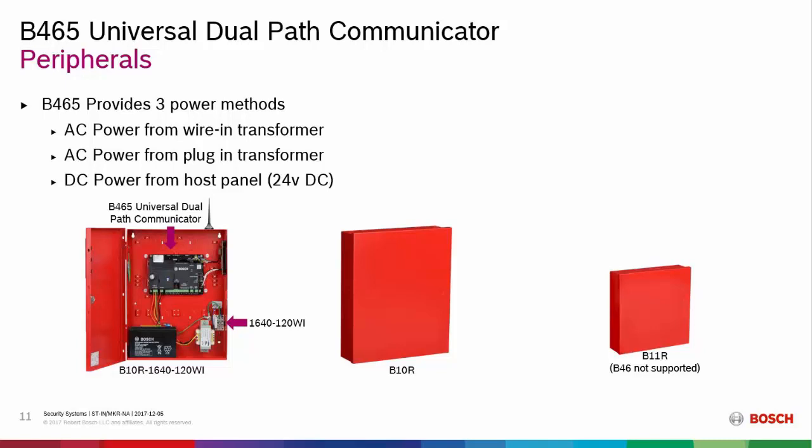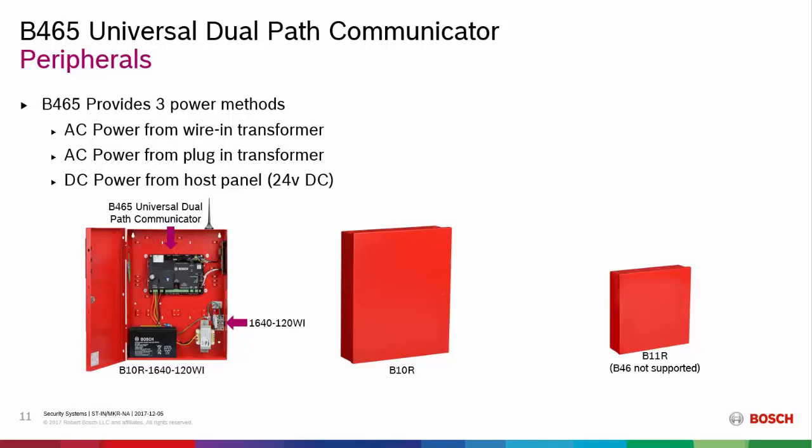So moving on to peripherals and supporting hardware, there's 3 ways to power the 465. As we state there, the first one is with a wire-in transformer, and you see that in the photo below. This is our 1640-120 wire-in. It's available integrated into the B10R medium red enclosure under the part number B10R-1640-120WI.